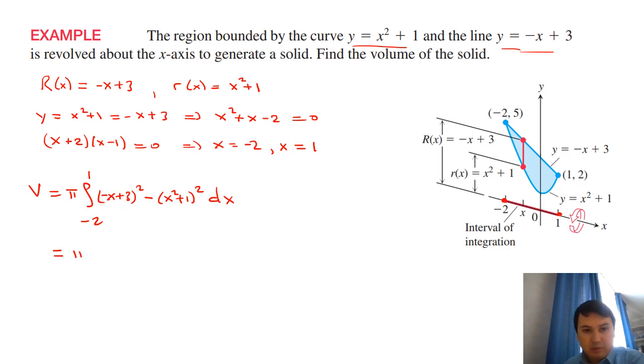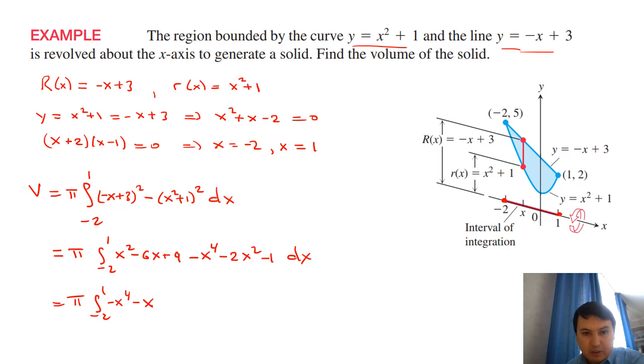That's all, right? So let's see what we get. Minus 2 to 1. The square of minus x plus 3 is x squared minus 6x plus 9. (x squared plus 1) squared is x to the 4 plus 2x squared plus 1, dx. So I have minus x to the 4, minus x squared, minus 6x plus 8 dx.